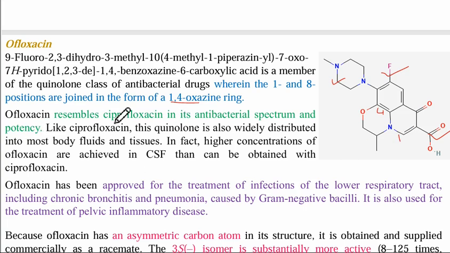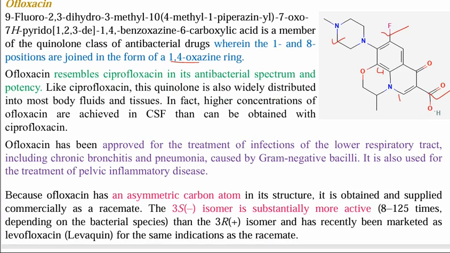Alright, and this ofloxacin resembles ciprofloxacin in the antibacterial spectrum, that is again the broad activity and the greater spectrum. It is approved for the treatment of infections of the lower respiratory tract. Ofloxacin and ciprofloxacin are usually used in the treatment of pneumonia and chronic bronchitis.